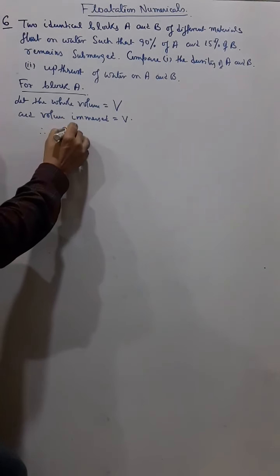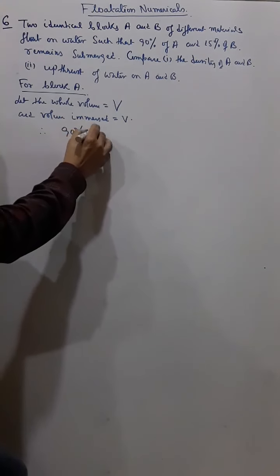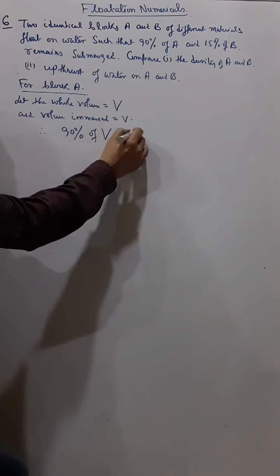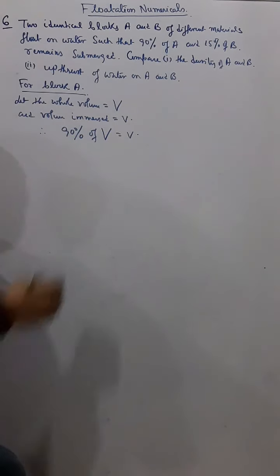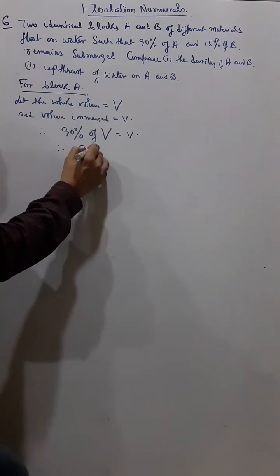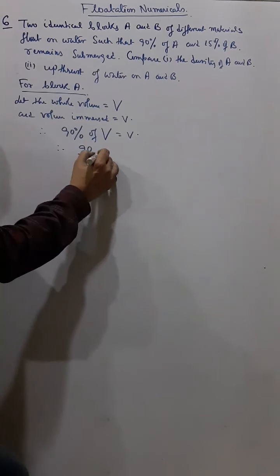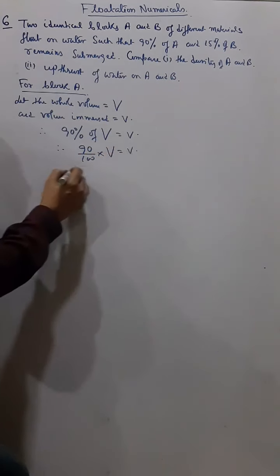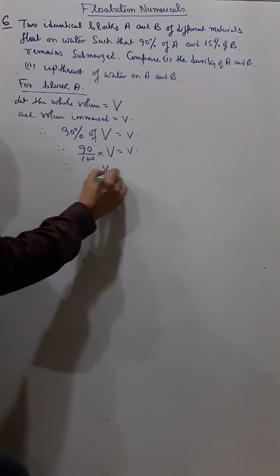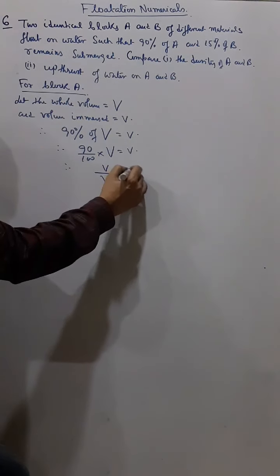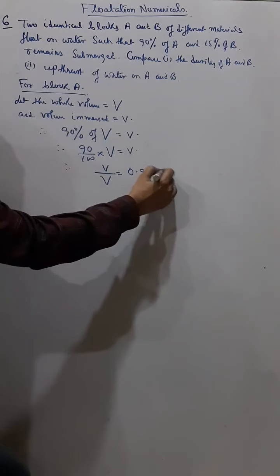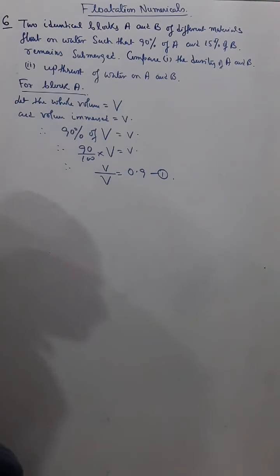So is it not 90% of capital V is equal to small v? So 90 by 100 into capital V is equal to small v, and therefore I get small v by capital V is equal to 0.9, right?